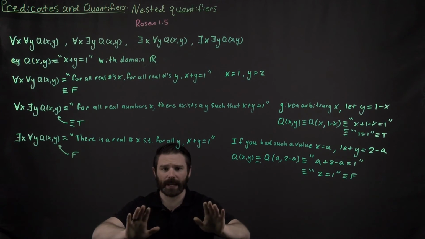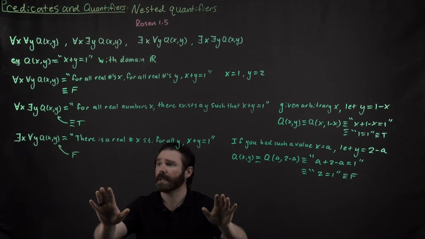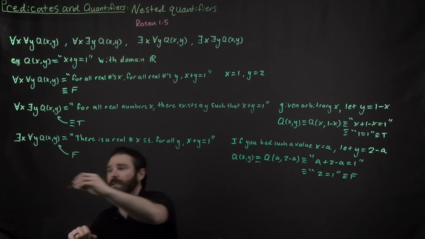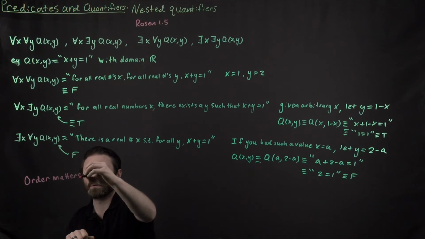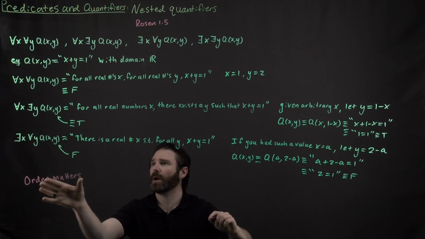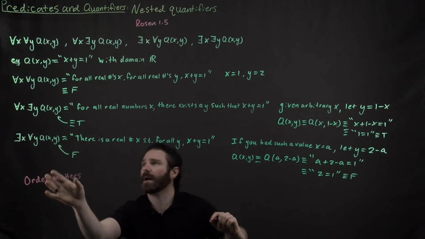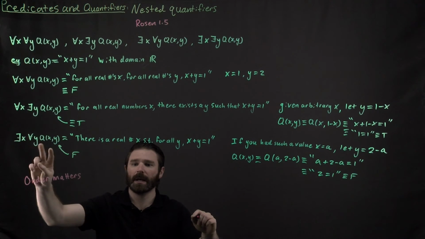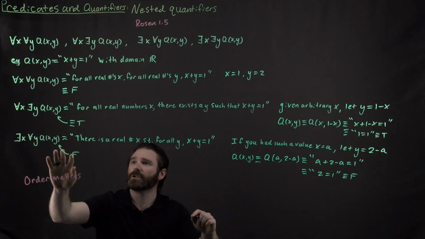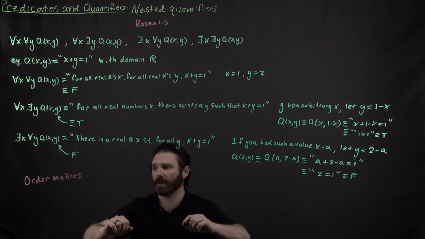So the big takeaway from this particular part is that order matters. So let's put that big in red. Order matters a whole lot for your quantifiers. We saw that if we switched this universal and the existential quantifiers right here, I went from a true statement to a false statement over here.